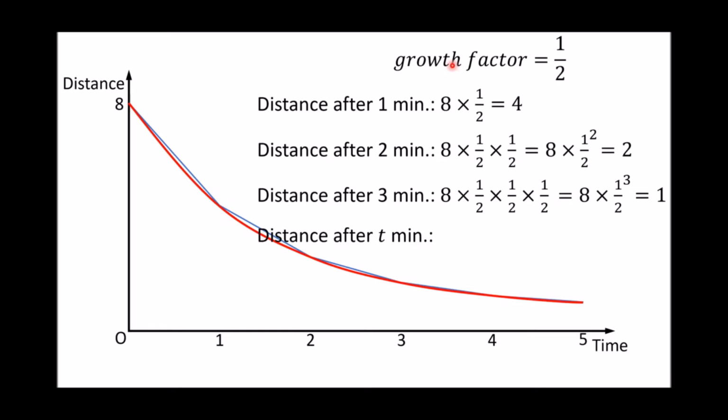We saw that after 1 minute it's just 8 times a half. After 2 minutes it's 8 times a half to the power of 2. After 3 minutes, 8 times a half to the power of 3. So if we generalize that, we get 8 times a half to the power of t, no matter what amount of minutes we've got.